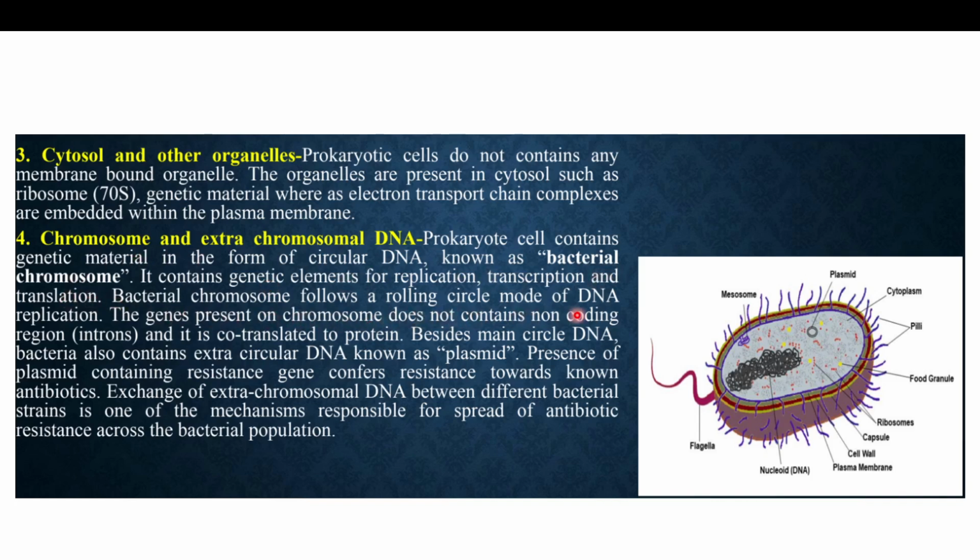The bacterial chromosome follows a rolling circle mode of DNA replication. The genes present on the chromosome do not contain introns. When RNA is transcribed from the DNA, both coding and non-coding sequences are transcribed.